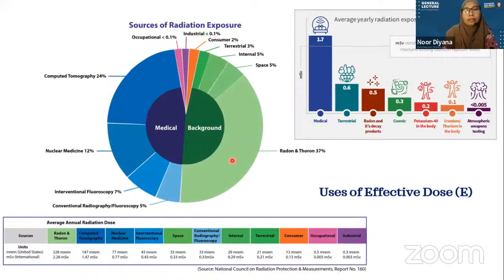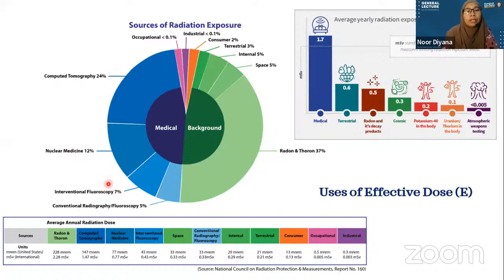Okay, and then this is from the US, from NCRP, for average annual radiation dose in the US. Okay, so as you can see, medical exposure and background exposure are almost the same recently. And from medical, the highest portion of dose is actually due to CT.